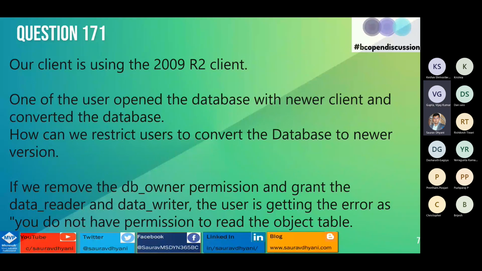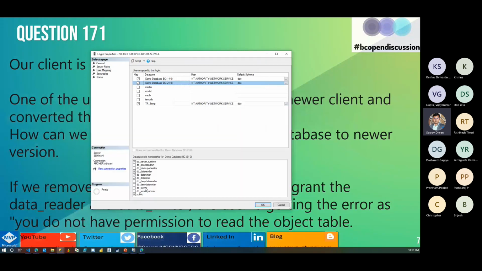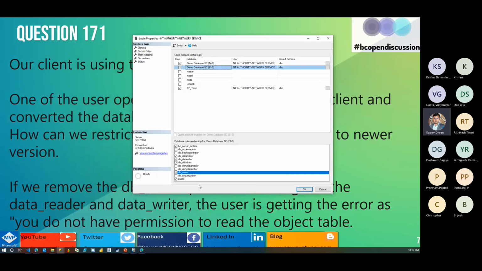For a super user, there is no permission. But he's saying that he was trying from SQL, and he said if I remove the DB owner permission for that user on that database, then they can't do anything. If I remove the DB owner permission on a 2009 database, for that particular database, and just give data reader and writer, then the error is that they cannot read.